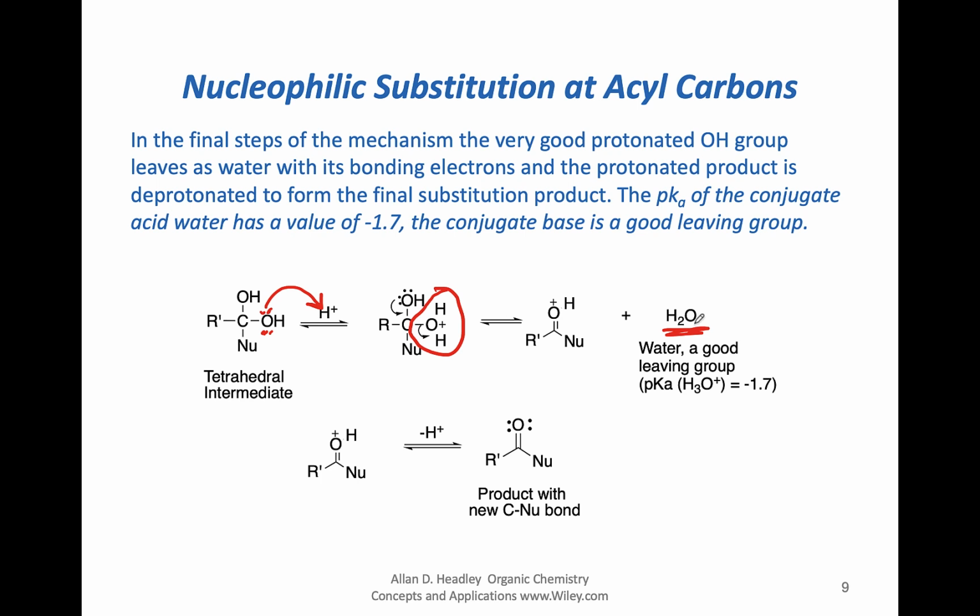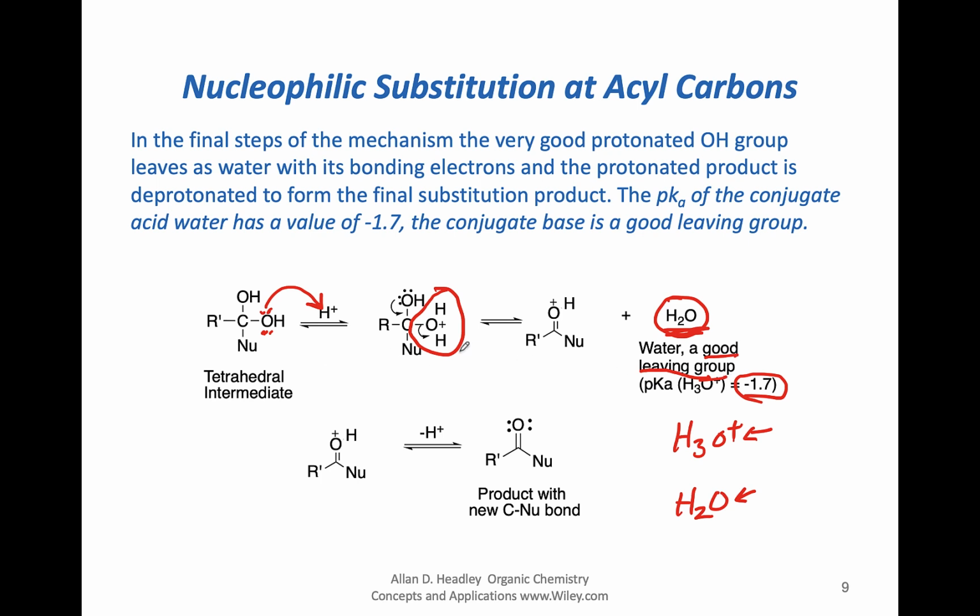Because the conjugate acid of this has a pKa of minus 1.7. Notice this is the conjugate acid H3O plus, and this is the conjugate base H2O. So it's the acid-base conjugate pair relationship: strong acid, weak conjugate base. So this is a weak conjugate base, making it a good leaving group.